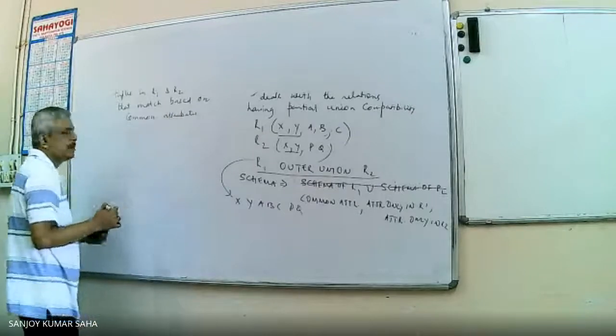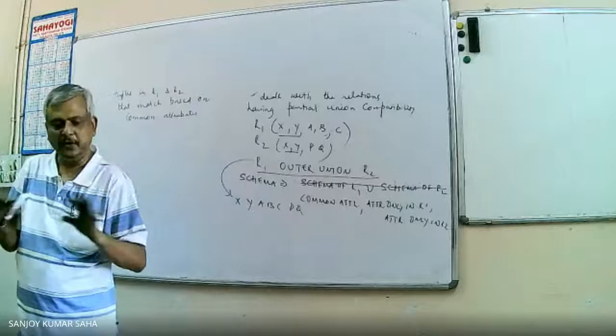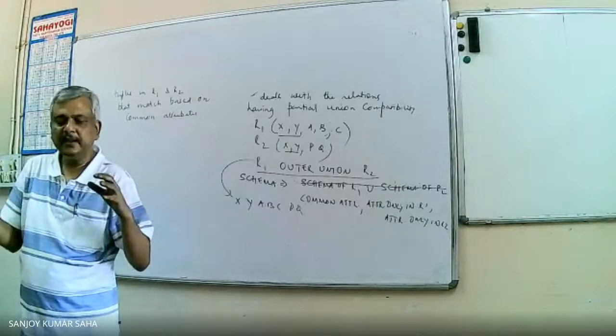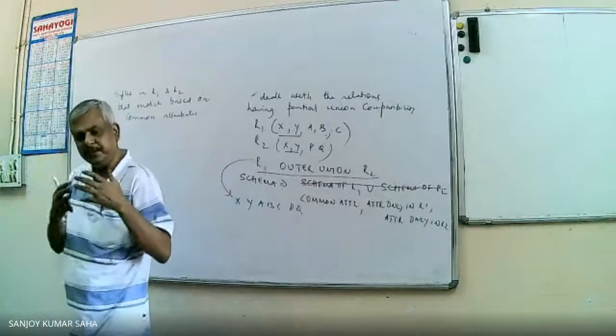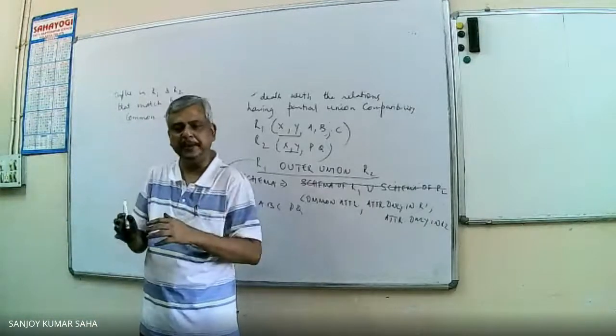In case of a classical union, not outer union, they are union compatible with the same degree and attributes. So if we find tuples which are common to both, they will appear once.